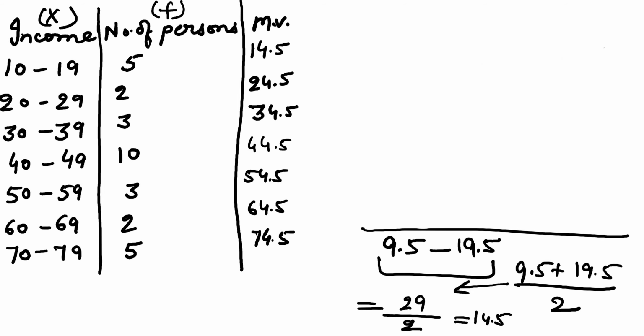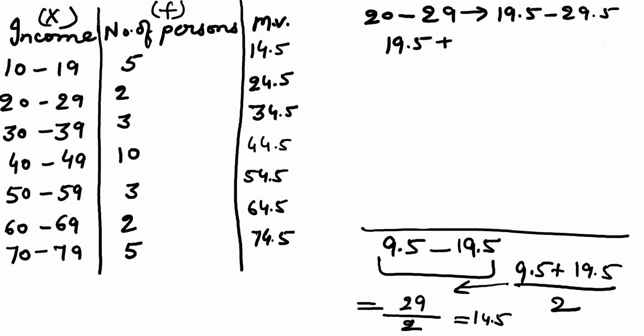In a similar way, if we change the next class interval 20 to 29 into a class interval of exclusive series, it will be 19.5 to 29.5, and its mid value will be 19.5 plus 29.5 divided by 2.